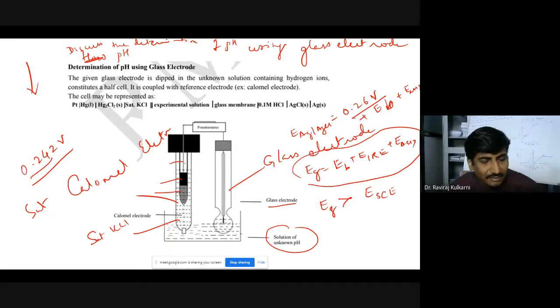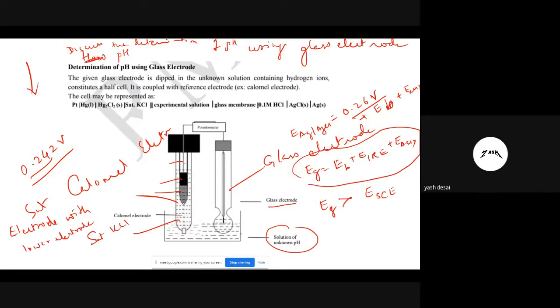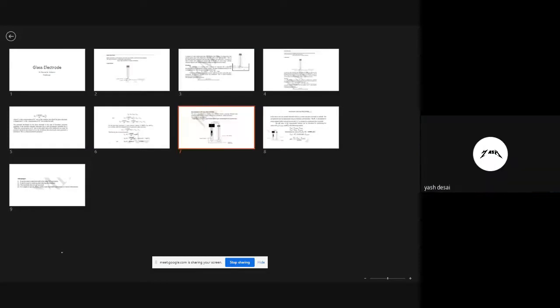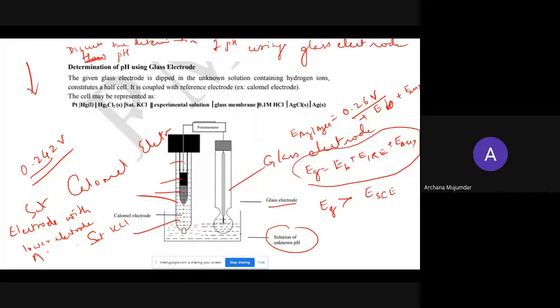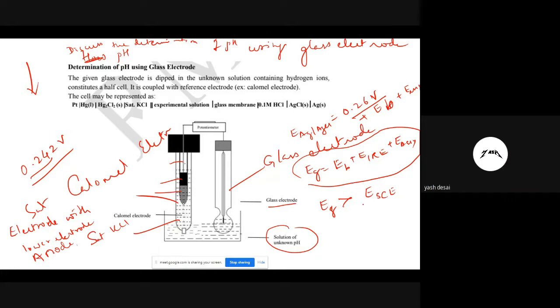Remember, the electrode with lower electrode potential undergoes oxidation quickly, so it behaves as anode. The electrode with higher electrode potential behaves as cathode.